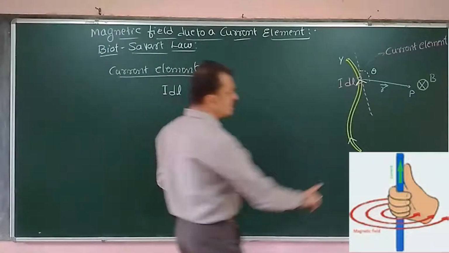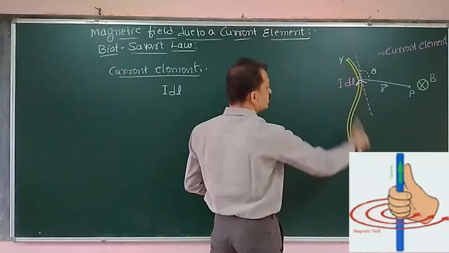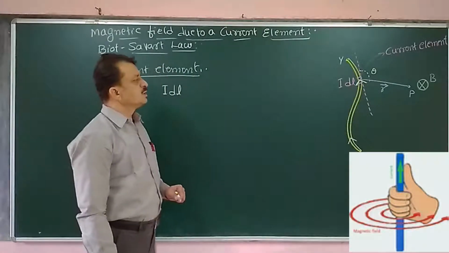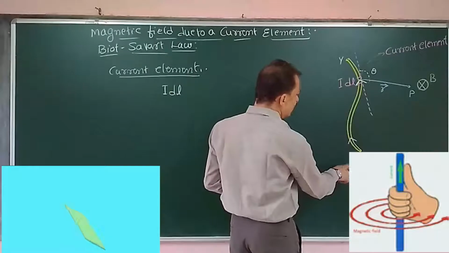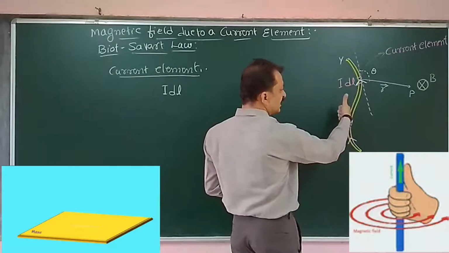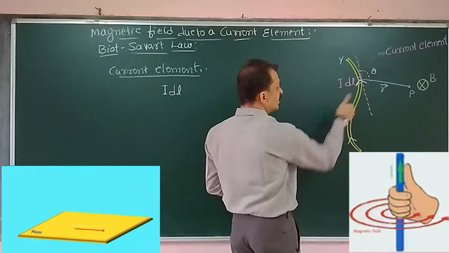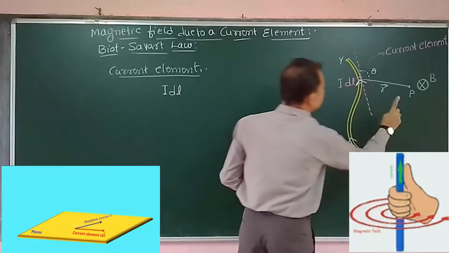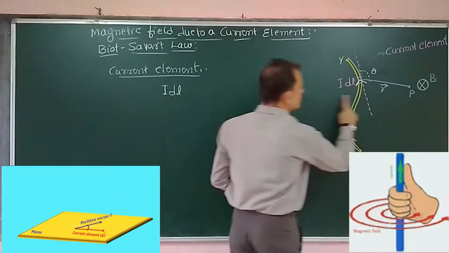Based on that, here we have a conductor XY through which a current is flowing from X to Y. If I hold the conductor like this, these fingers are encircling, so I get the magnetic field in this circular path.